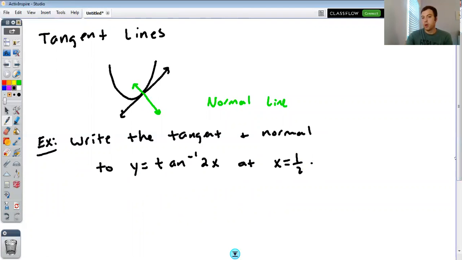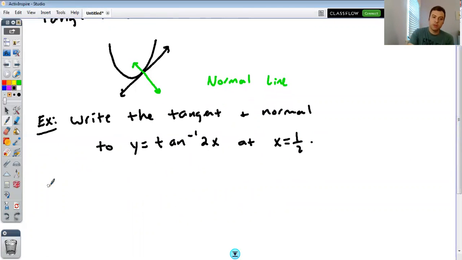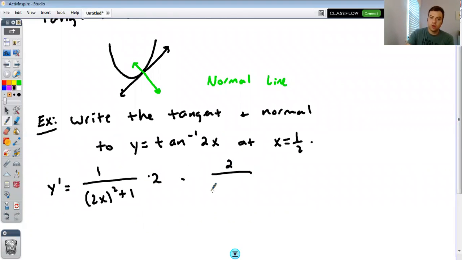So I'd like to write both the tangent line and the normal line. So we're going to begin with the derivative. The derivative of the inverse tangent of 2x would be 1 over (2x squared plus 1) times 2, or 2 over 4x squared plus 1.